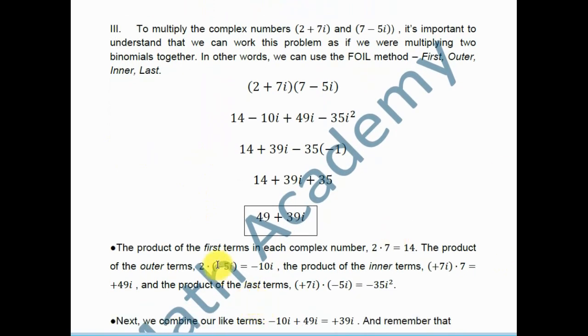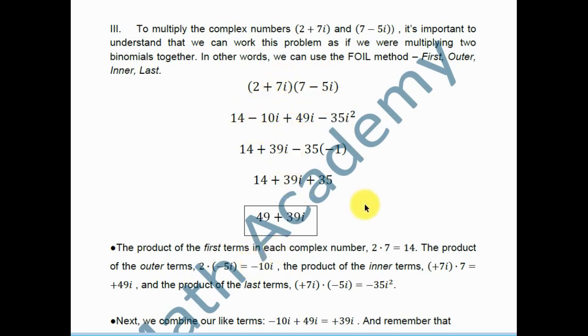The product of the first terms in each complex number is 2 times 7, 14. The product of the outer terms, 2 times minus 5i, that is minus 10i.